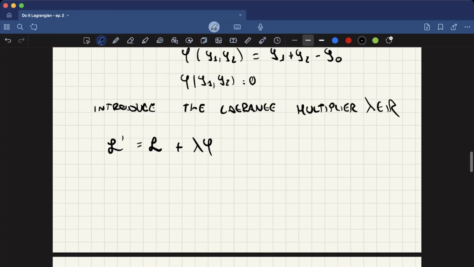and now we can solve the Euler-Lagrange equation. So now we can solve Euler-Lagrange equations.